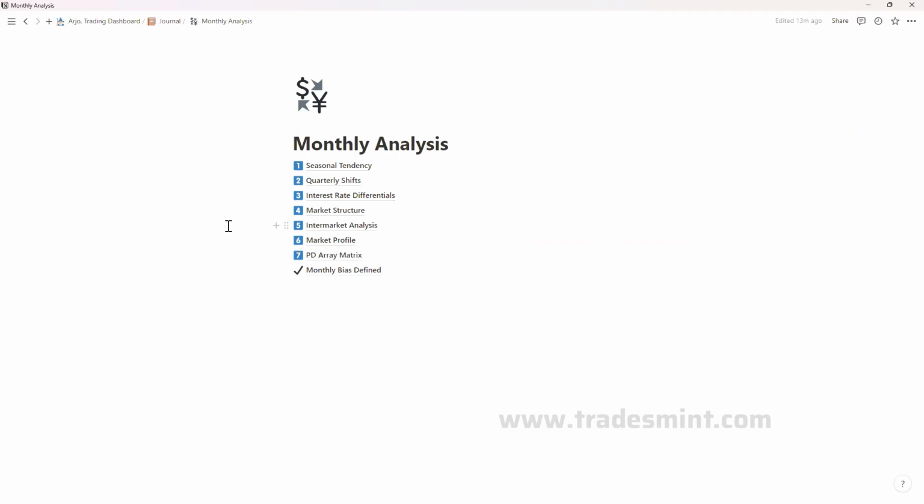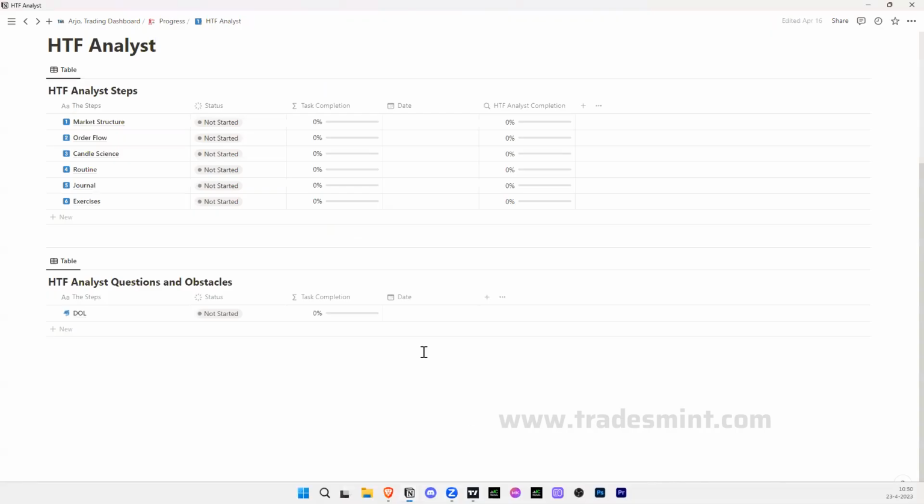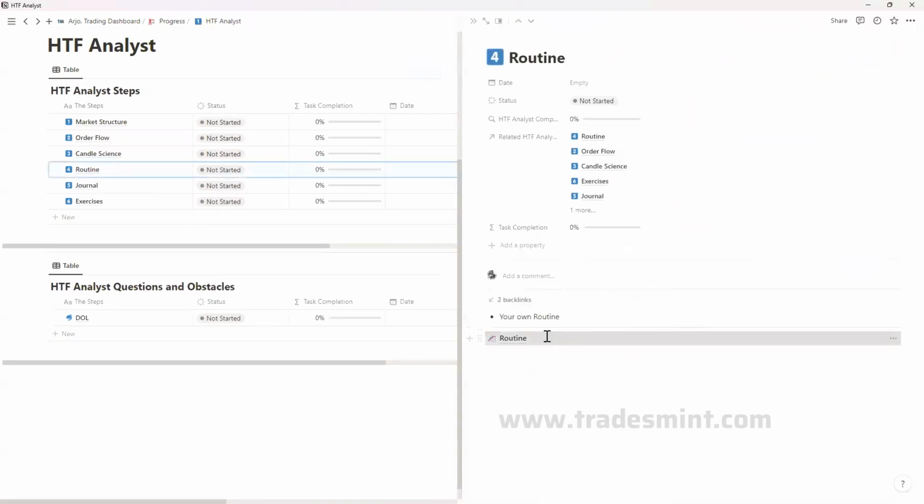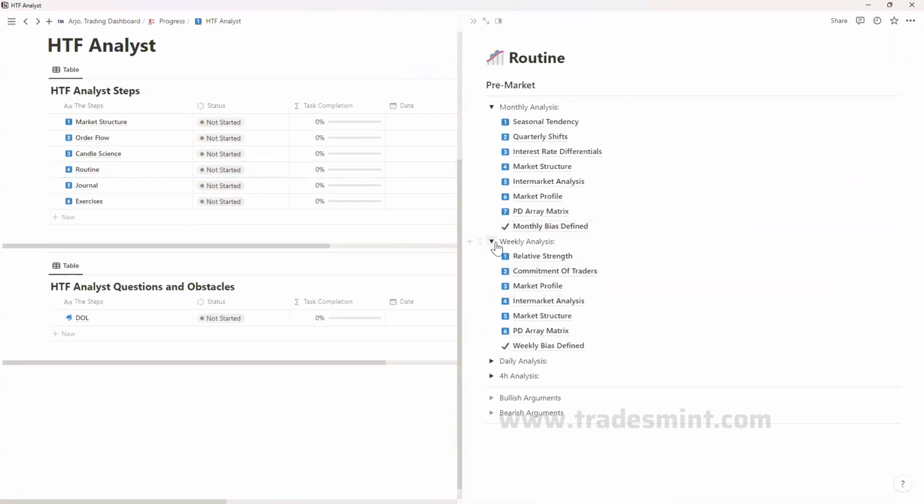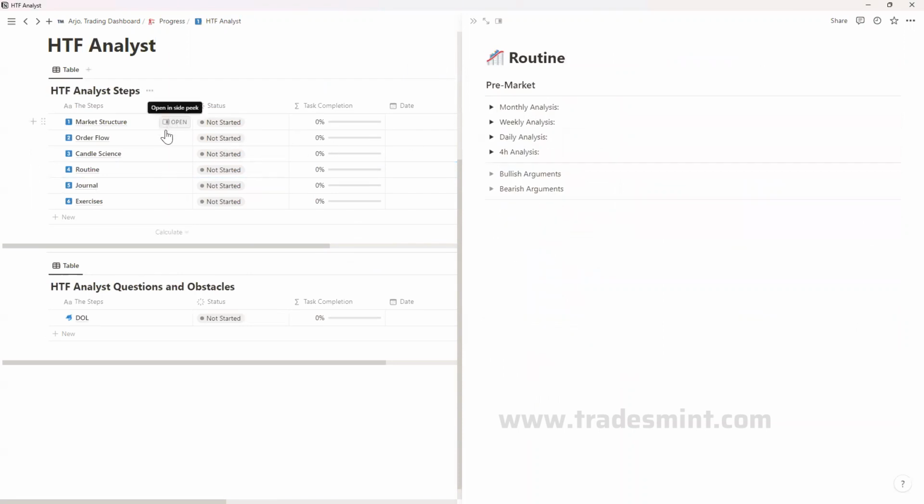That's not what I want to do, because the philosophy of this group is to keep everything simple, and that you don't need a lot actually. So it wouldn't make sense if I went through the complete routine right here and explained everything. All right, so again, pay attention to market structure, order flow, candle signs.